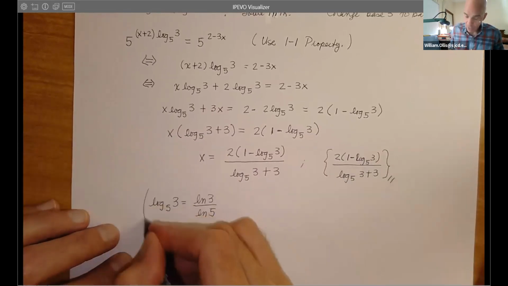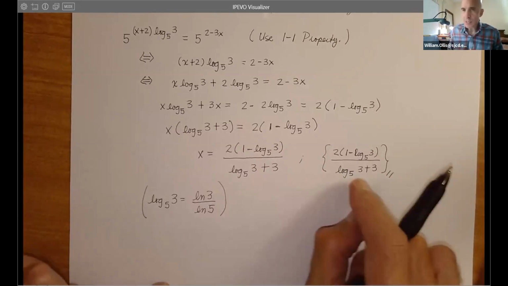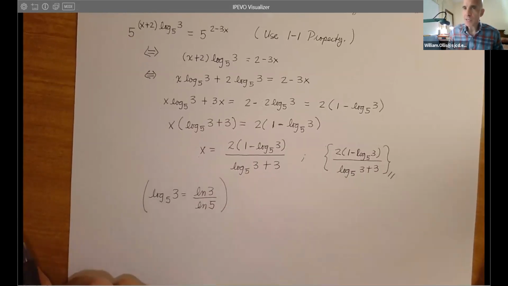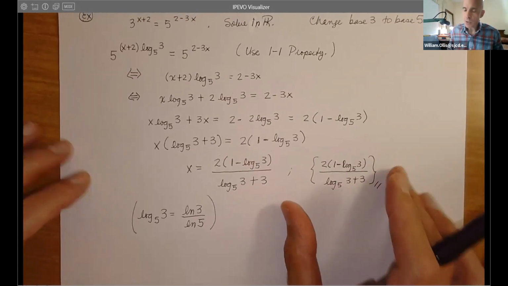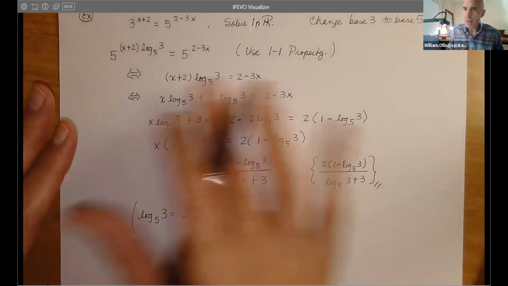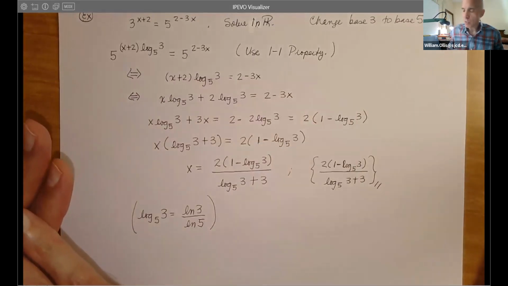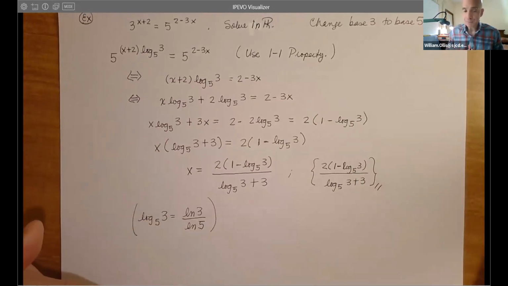So this would be an approximation of the base 5 logarithm of 3 using the natural exponential. So again, remember, all of your calculations are exact. And then you can get a nice approximation if WebAssign requests it. Again, the key here is exact calculation, symbolic computation, until we get to the point where either we're done or an approximation is requested.